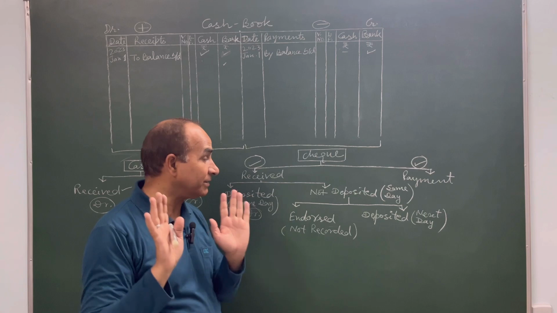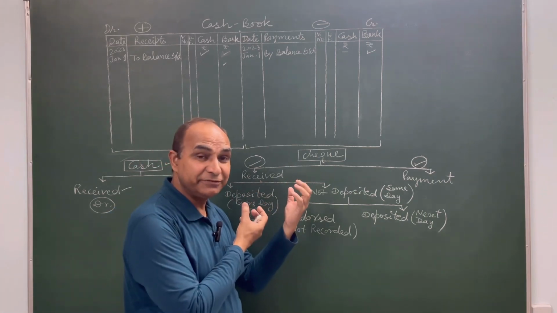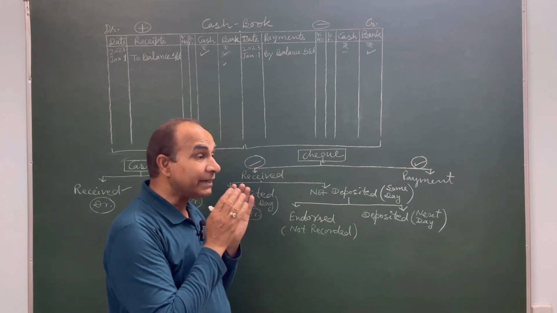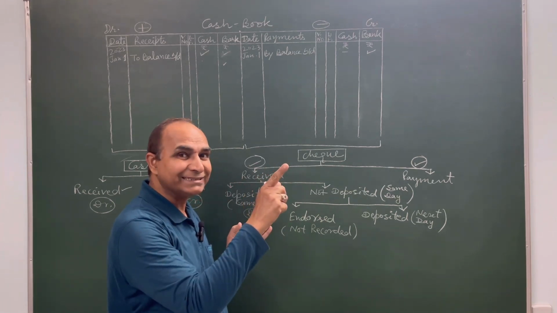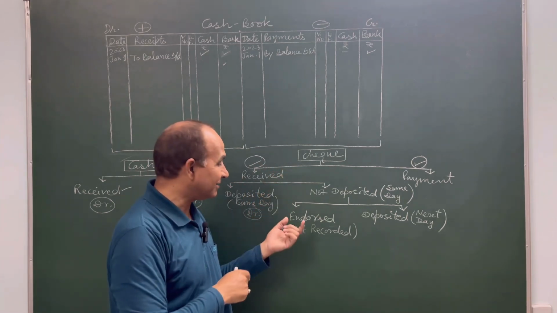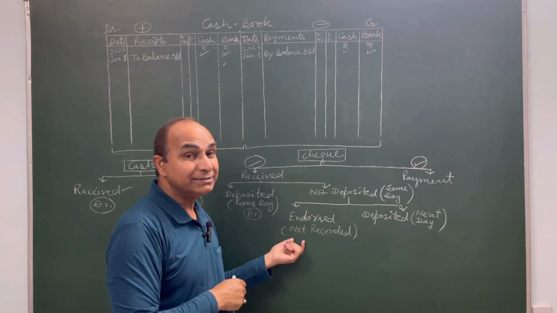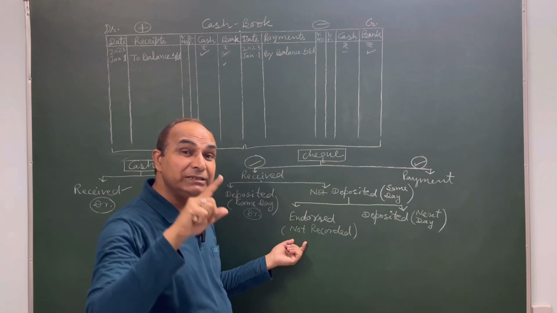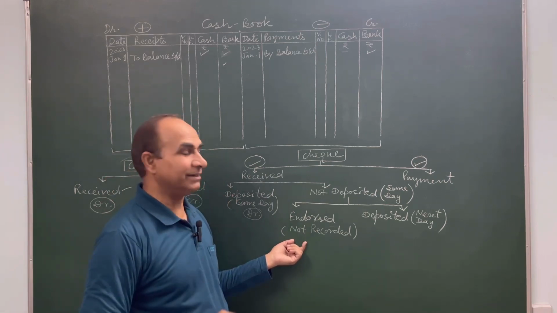I repeat, try to understand. If a check is received from someone, retained by the businessman and endorsed to someone else for making payment, that is called endorsement, and its recording is not made in the cash book. Its recording is made in the journal proper separately.